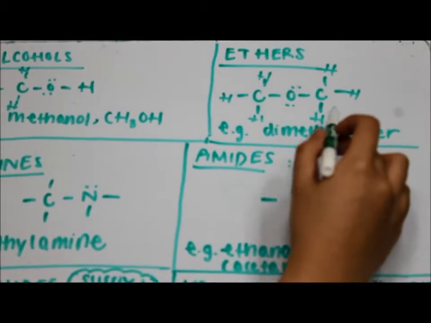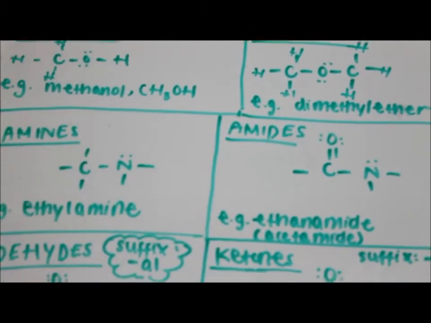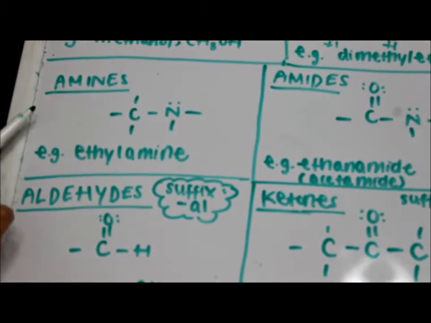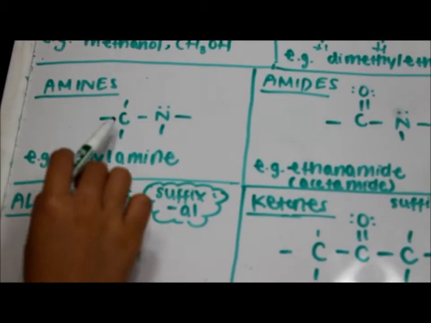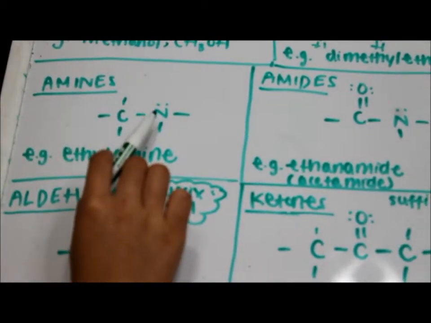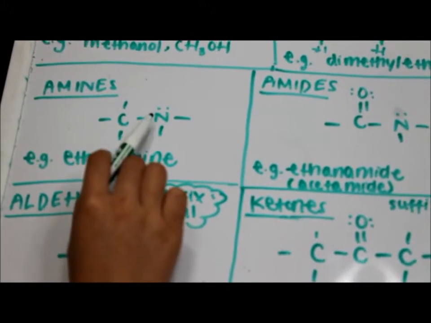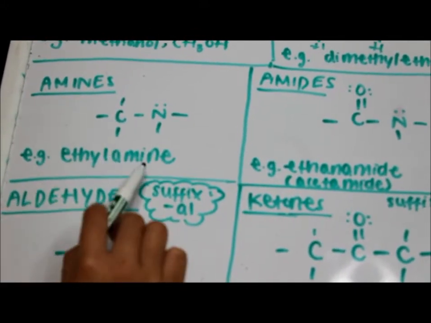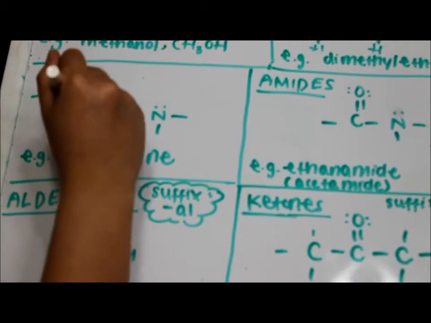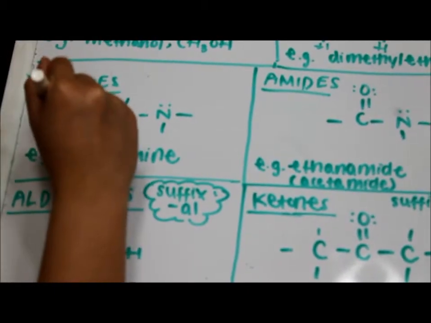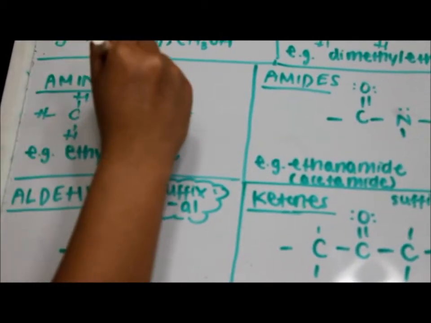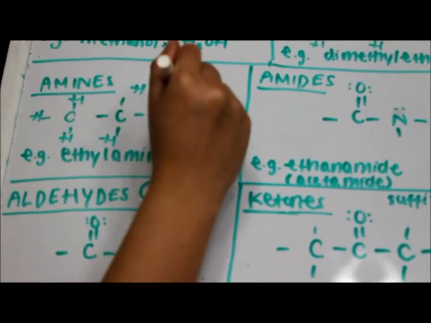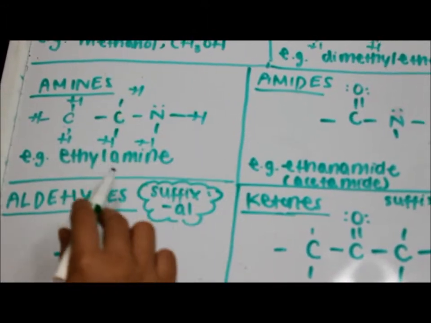That's dimethyl ether. The next functional group are the amines, and they have a carbon single bonded to a nitrogen, and an example is ethylamine, which looks like this. And that's ethylamine.